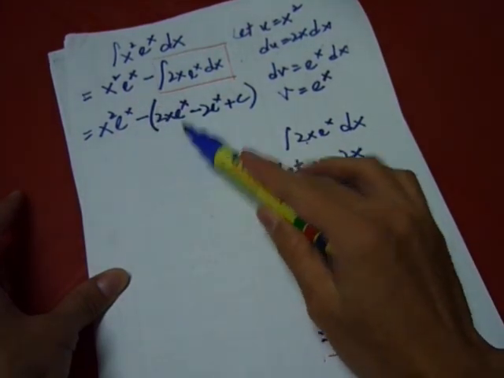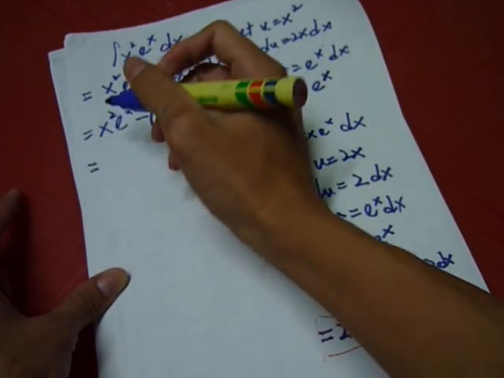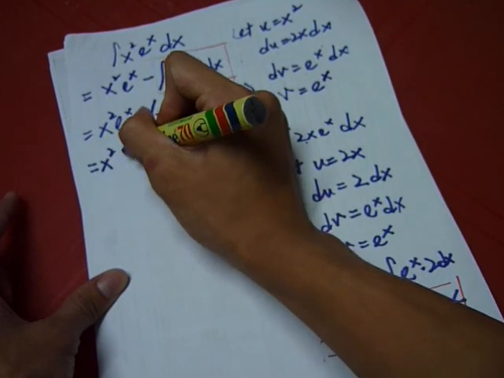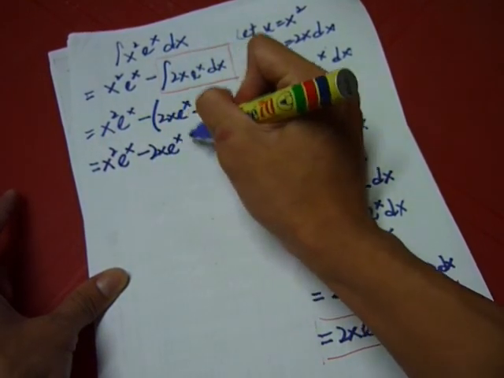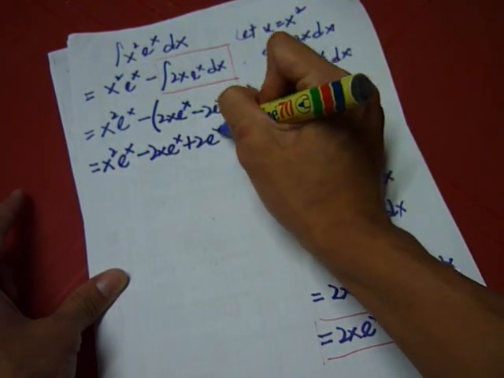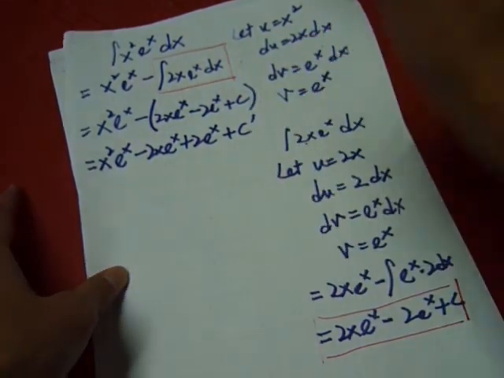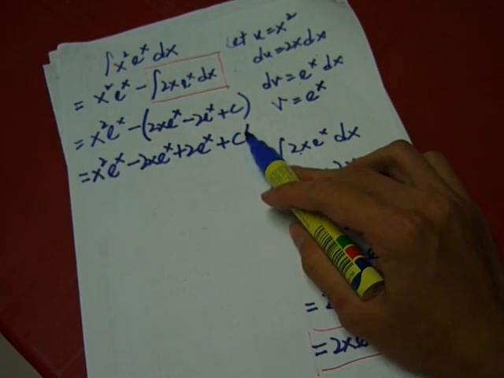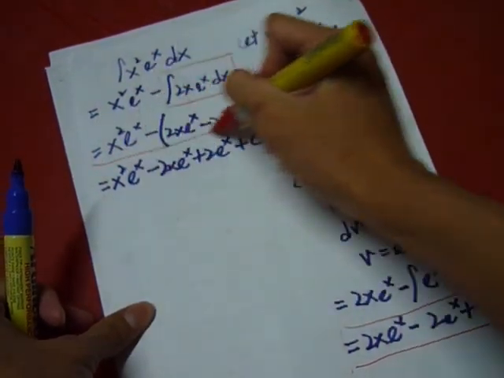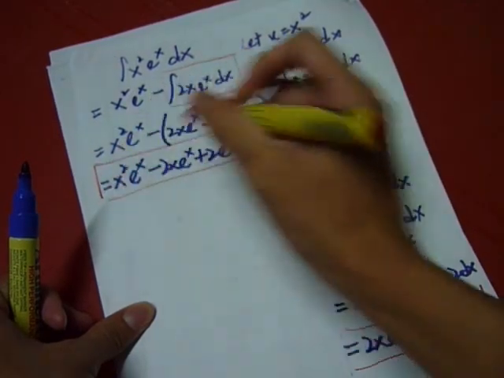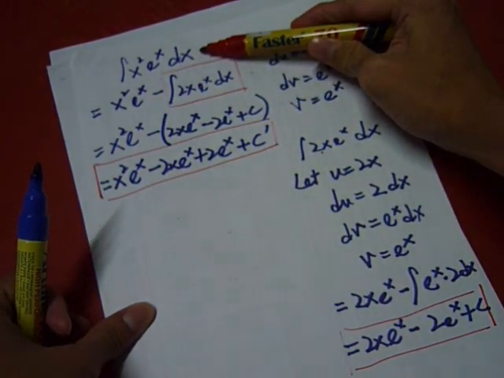And from here we know the final answer is x squared e^x minus 2x e^x plus 2e^x plus another c. Okay, so this is the final answer for this question.